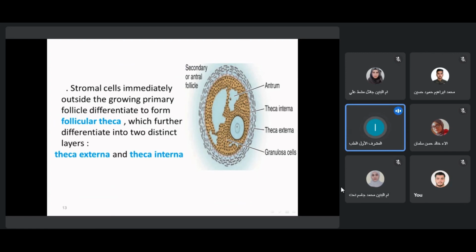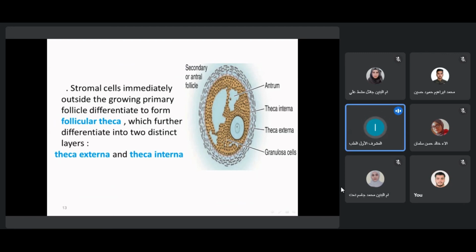Theca interna is made of rounded cells, and they are important because they secrete hormones, which are hormone precursors that diffuse into the granulosa cells.